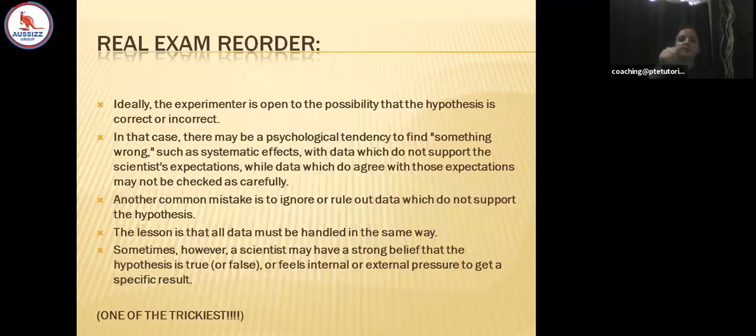In that case, when pressure is there, there may be a psychological tendency to find something wrong. When a teacher is just standing beside you, what happens? The tendency is there that our hands will fumble.